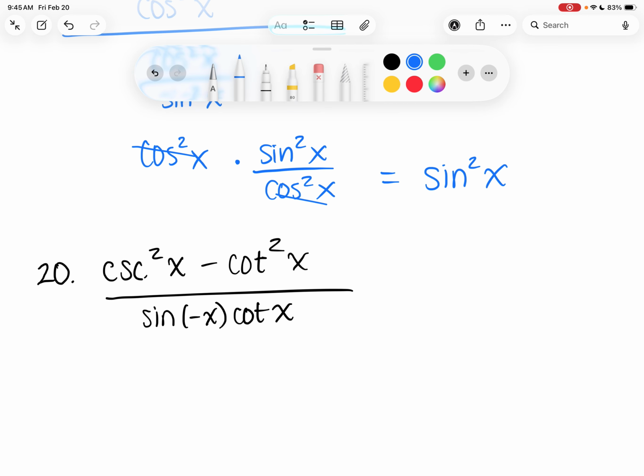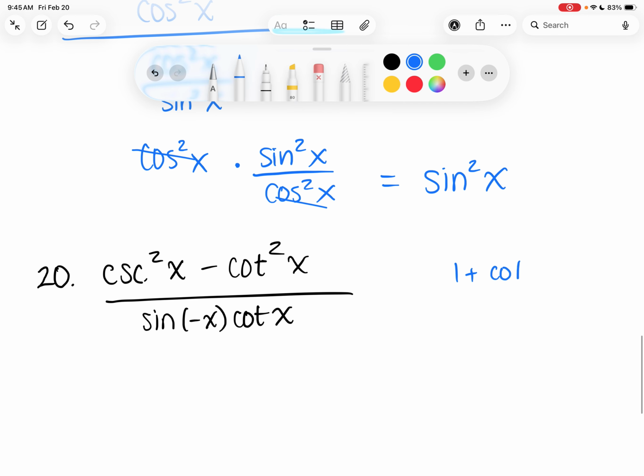Well, the one that involves these two is 1 plus cotangent squared theta is equal to cosecant squared theta, or obviously x. To get it to look like this, I would need to subtract the cotangent. So 1 is equal to cosecant squared theta minus cotangent squared theta. So that means that the top is just 1.